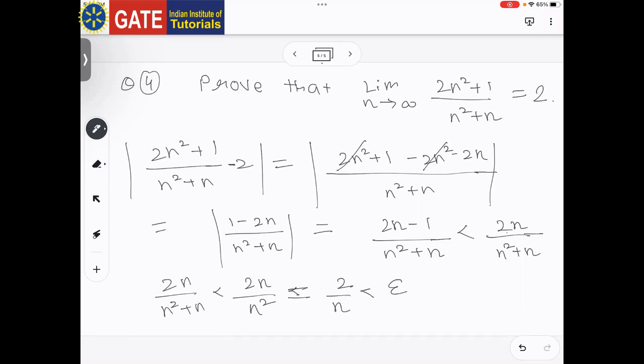Now put it lesser than epsilon. So this will give you n is greater than 2/epsilon. So choose your capital N to be 2/epsilon, greatest integer function.